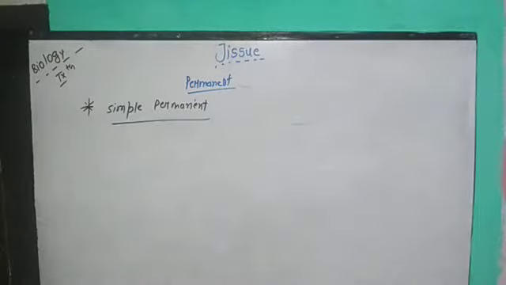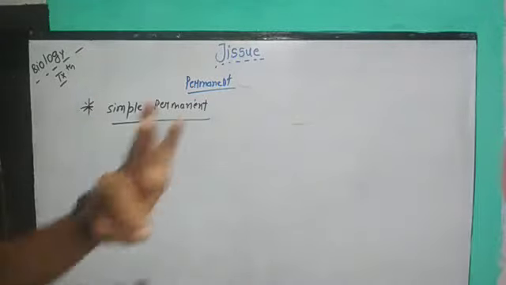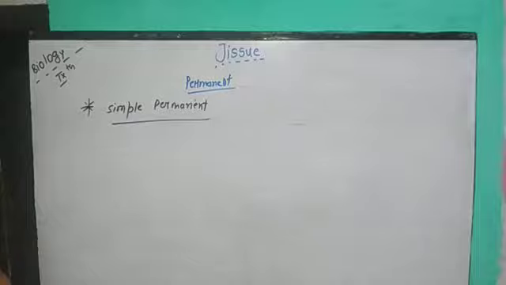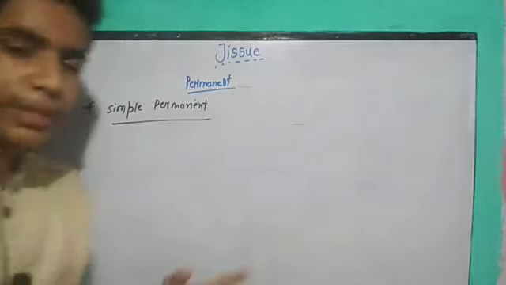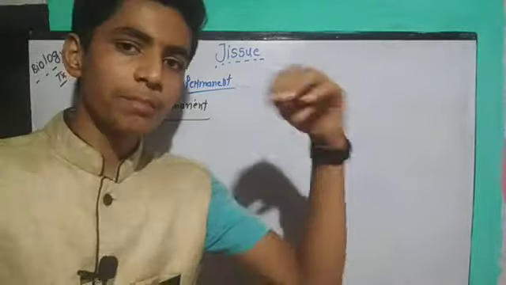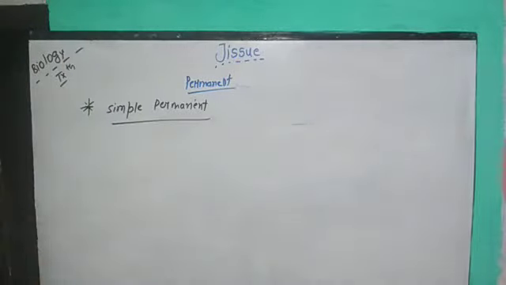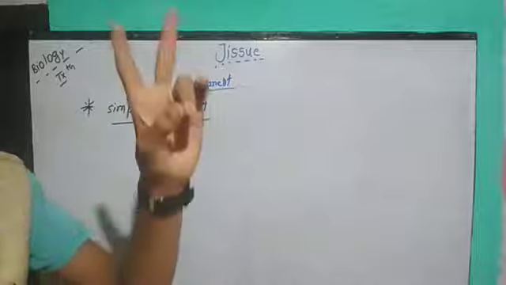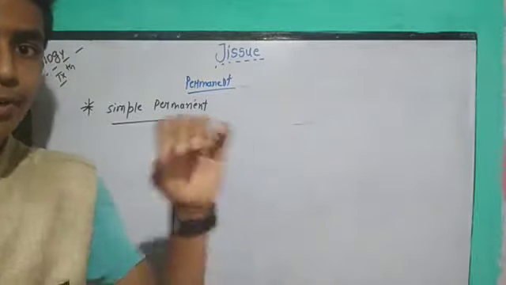First of all, let me tell you once again the chain. There are three types of tissues present in most plants. First is the meristematic tissue, second permanent tissue, and third the exceptional or special tissue. Then permanent tissues are divided into two: simple permanent tissue and complex permanent tissue.